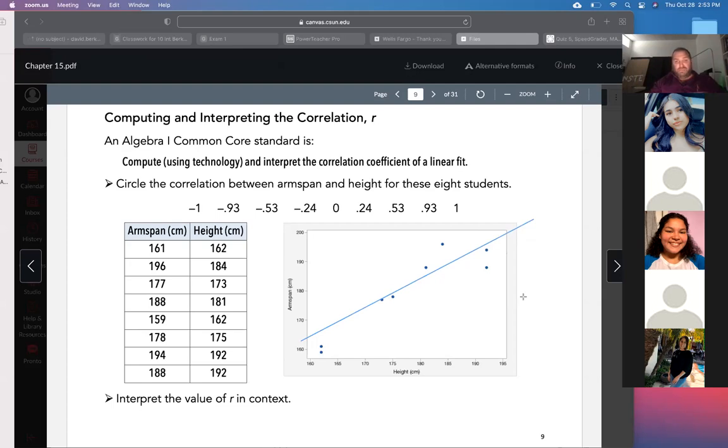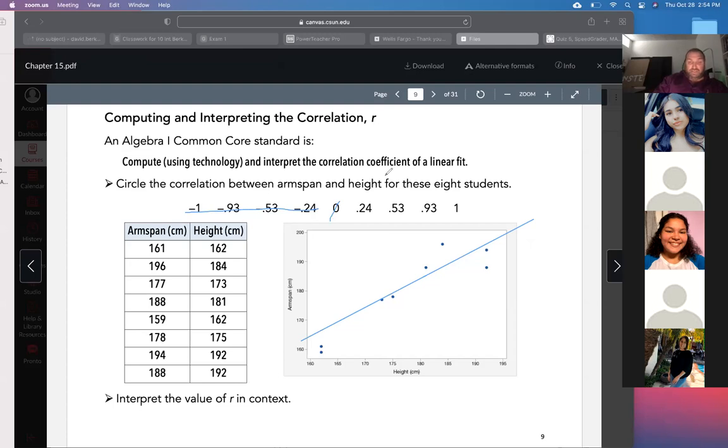Okay, so which of these possible correlations can we throw out as being impossible? Let's go left to right and throw out the ones that we know can't be. All the negatives are out. 0 is out.